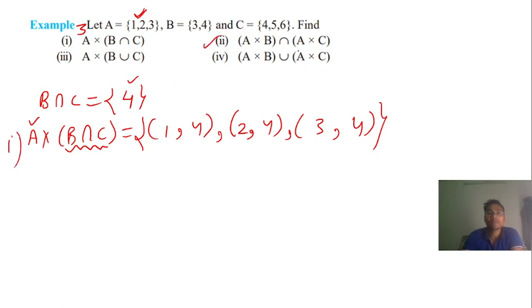For doing the second part, we will have to find A cross B and A cross C, and then find the intersection of the two sets.